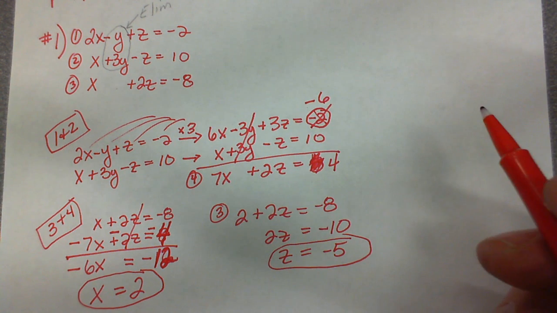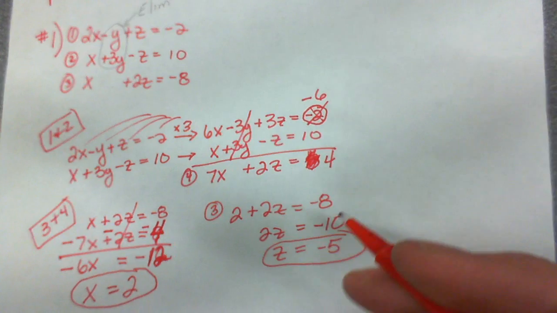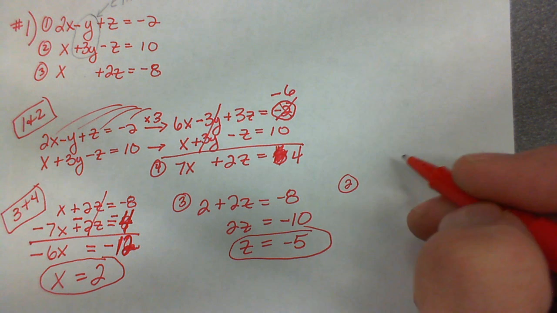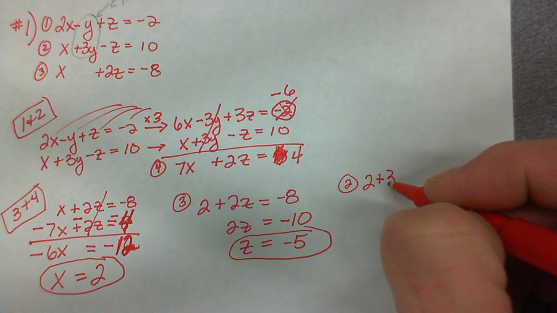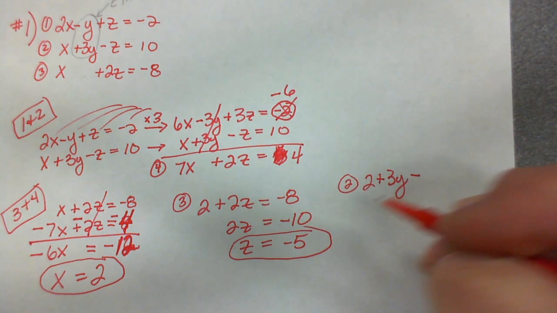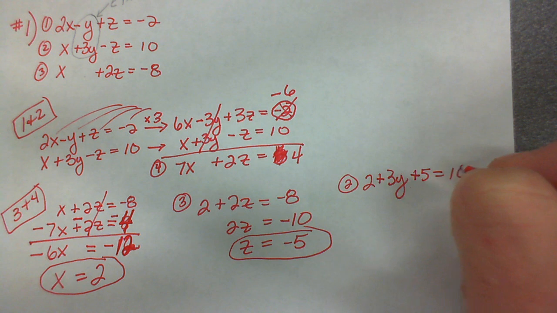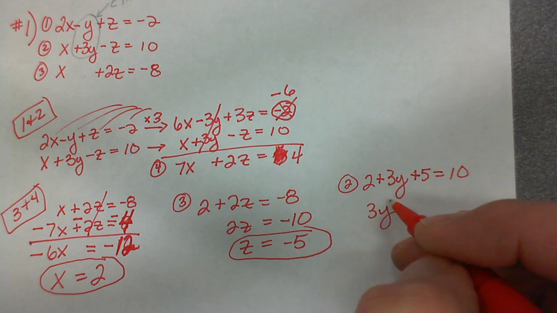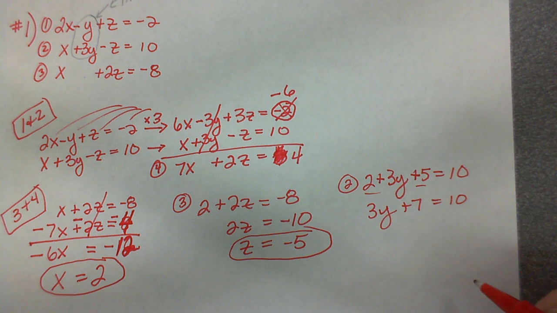And now I just plug back into an equation that has y. How about I plug into the second equation? I've got x, which is 2, plus 3y, minus negative 5, so that's actually plus 5, equals 10. So then this is 3y, combine this up, you get plus 7, equals 10.